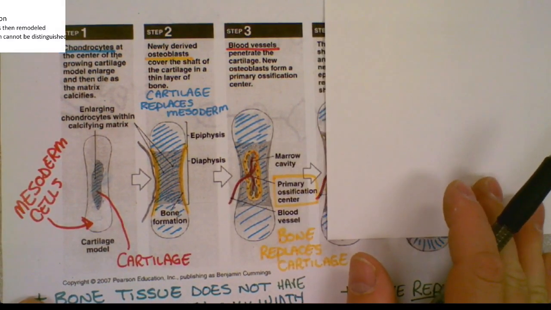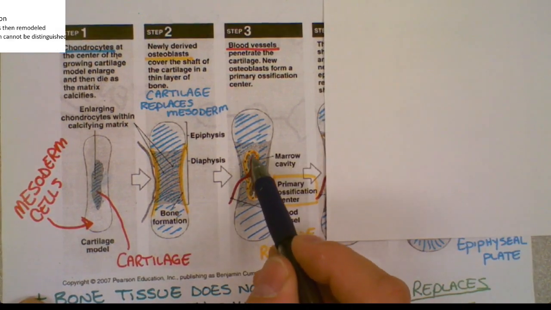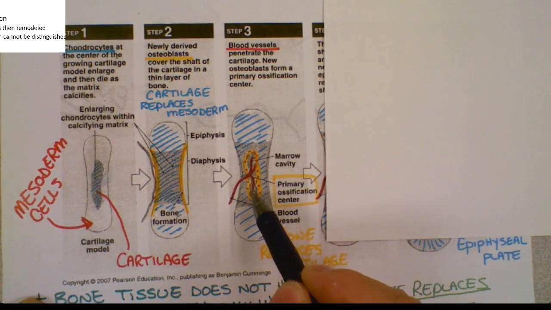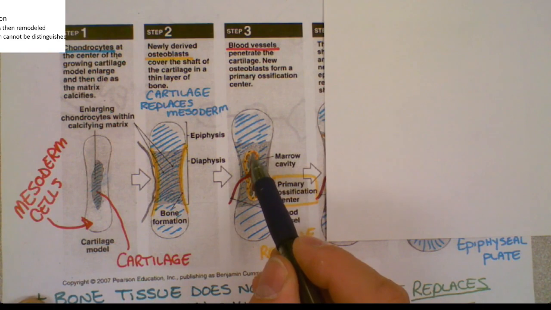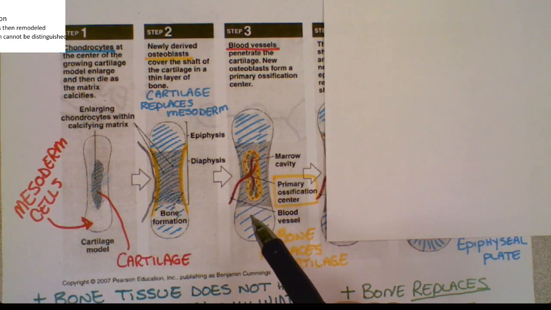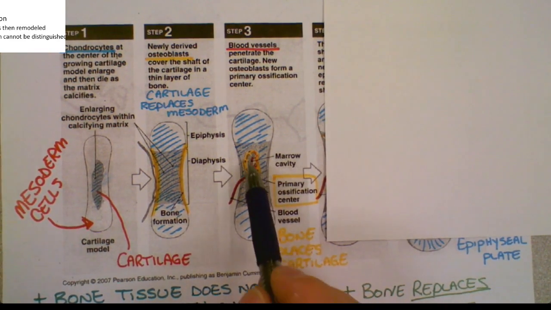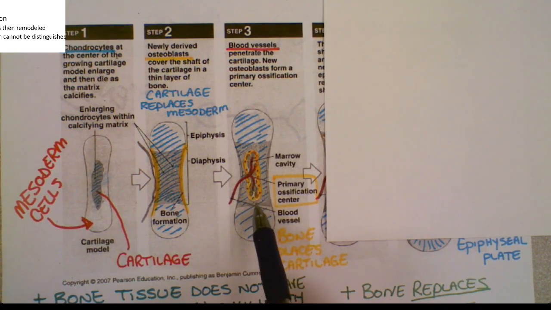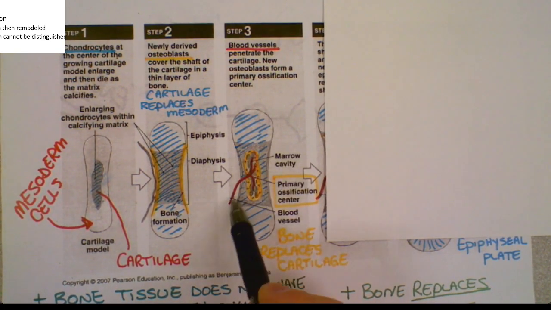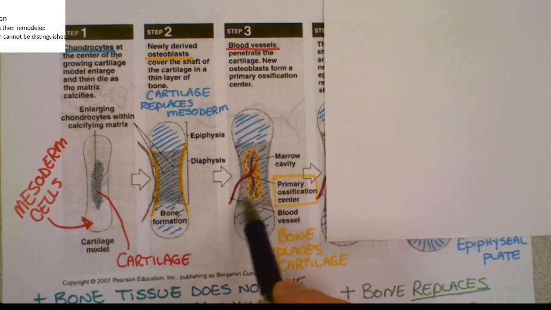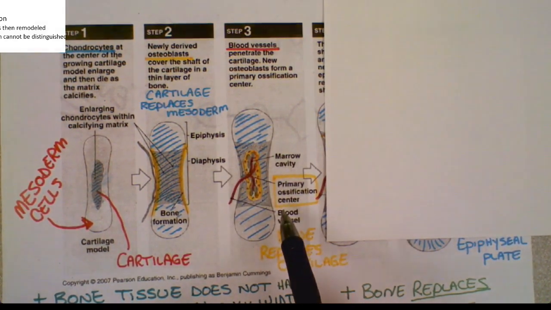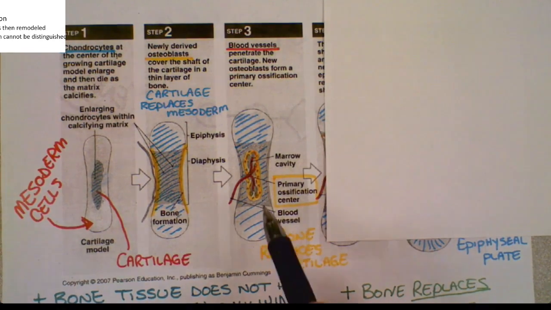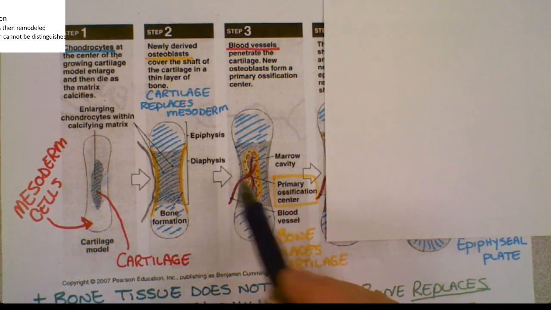This area is going to form the shaft of the bone, the diaphysis. And inside that diaphysis, we're going to form that medullary cavity that's got the bone marrow. This growth of bone within the cartilage is called the primary ossification center.